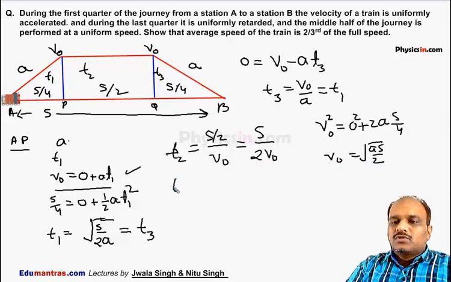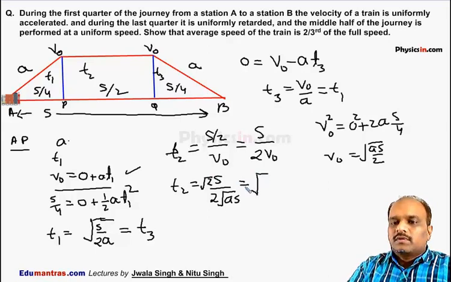Now T2 is equal to S divided by 2 V0, which comes out to be root over S by 2A. So T1, T2 and T3 are all equal.